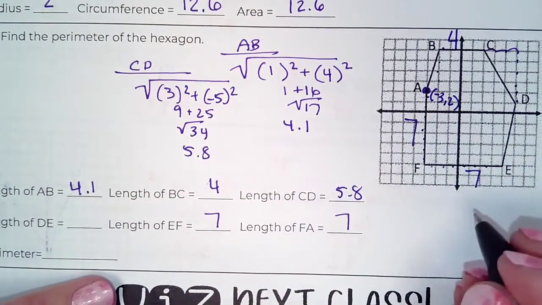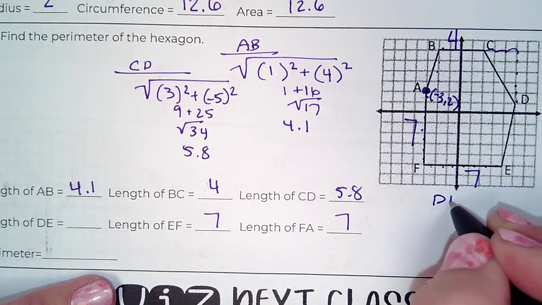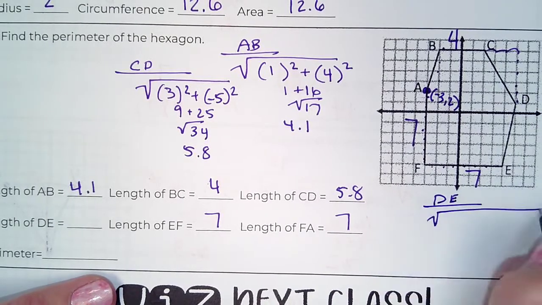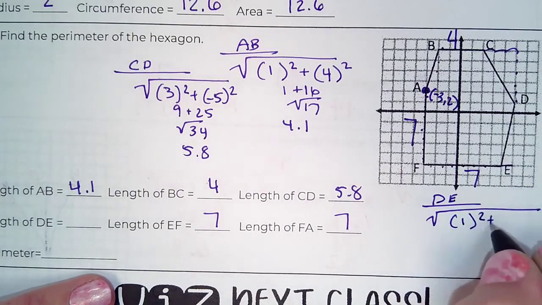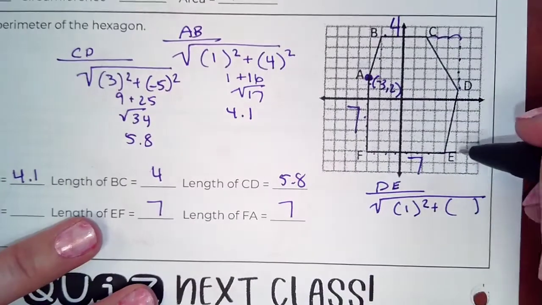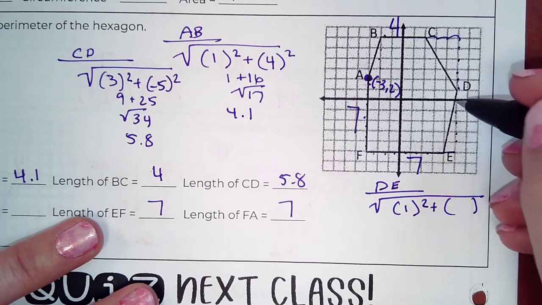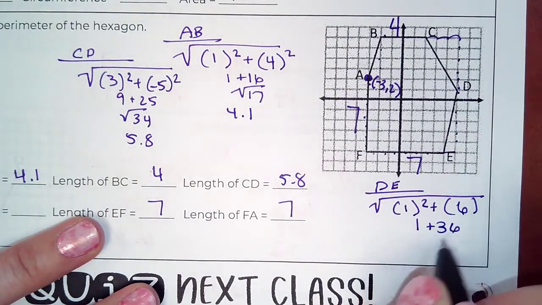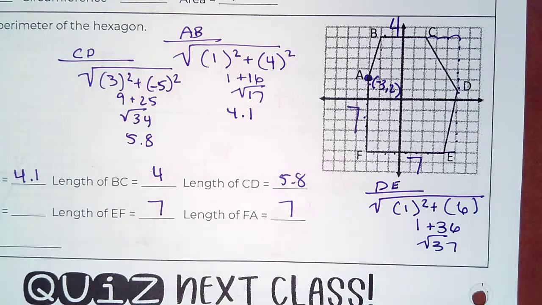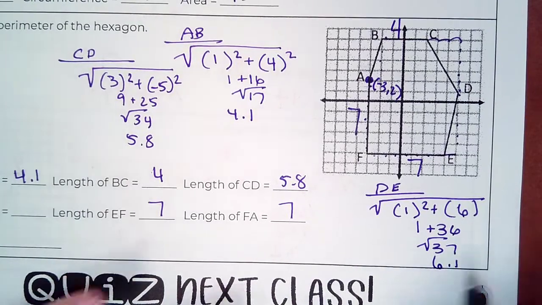And lastly, DE. So we're going right 1, and then up 1, 2, 3, 4, 5, 6. So 1 plus 36 is square root of 37, which is 6.1.